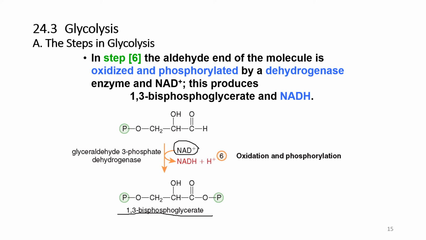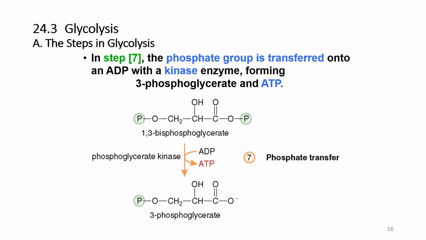It picks up a hydrogen and 2 electrons, and we add a phosphate group. 1,3-bisphosphoglycerate then contributes a phosphate group to ADP.